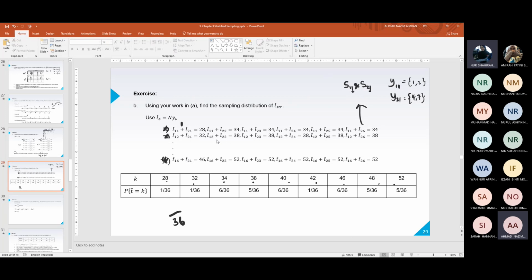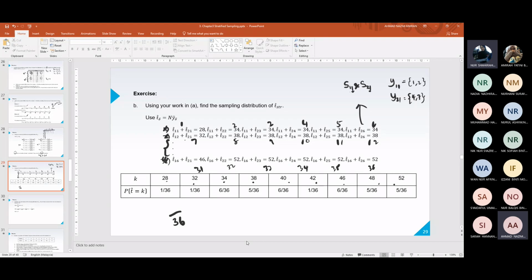Yang ni number 1, 2, 3, 4, 5, 6. This is number 7, 8, 9, 10, 11 and 12. Yang ni nombor 36, 35, 34, 33, 32, 31. Yang kat tengah-tengah ni saya tak buat sebab banyak sangat.